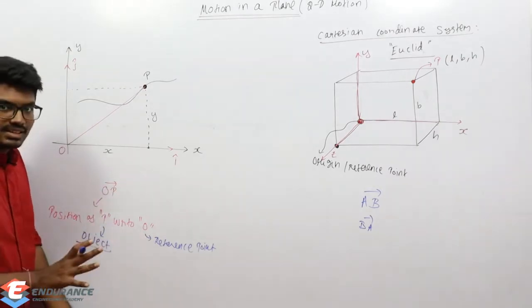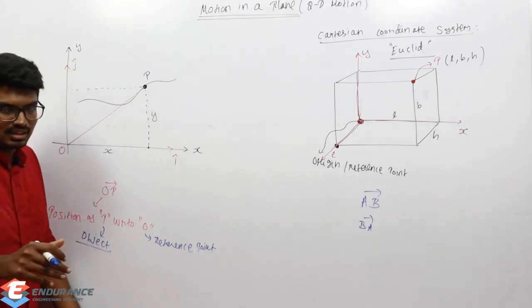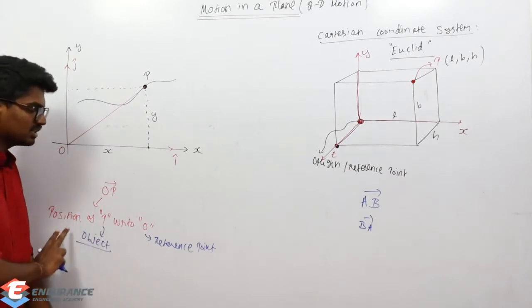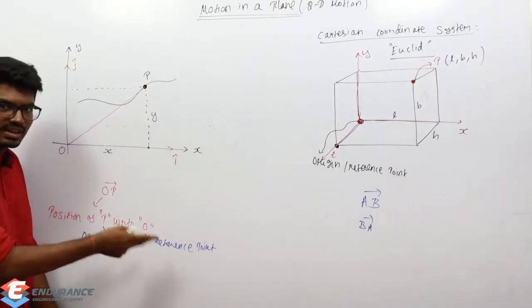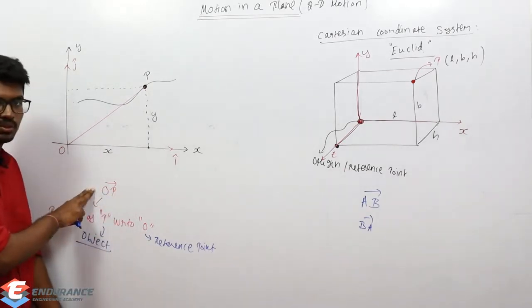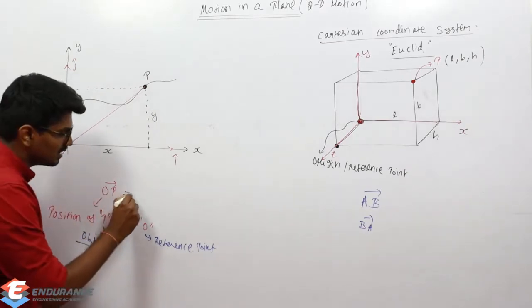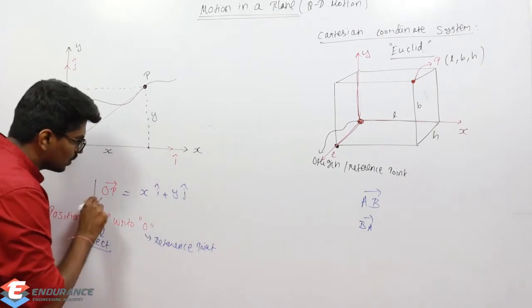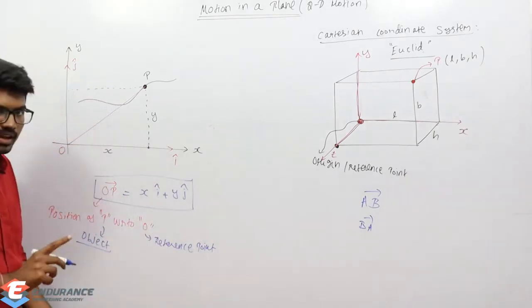So Newton did this, he invented vector calculus, and he found out that the position of any particle can be determined by using the position vector, in this case the OP vector, which is nothing but the position of P with respect to O, that will be given as x i cap plus y j cap. What it is indicating, let me explain.